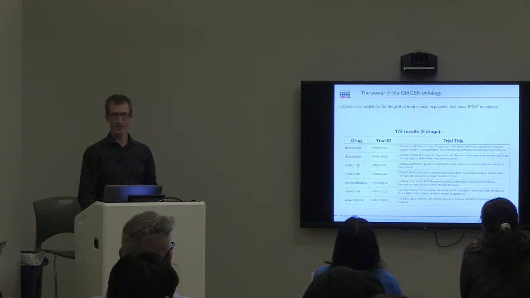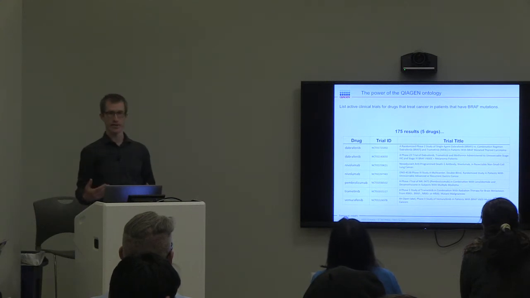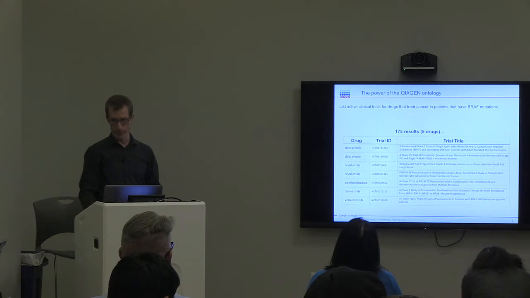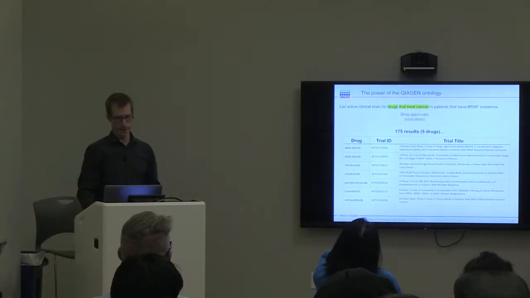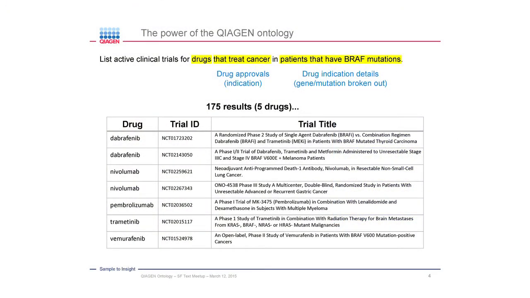So what kind of stuff has to go into this? There's a lot of knowledge that has to be brought together and unified in order for us to synthesize this answer. We need to know what things are considered to be drugs. We need to know which ones are considered to treat cancer. So we need to know about drug approvals, and specifically for drug approvals, what the indications are for the approved drug. It's always part of an approval.